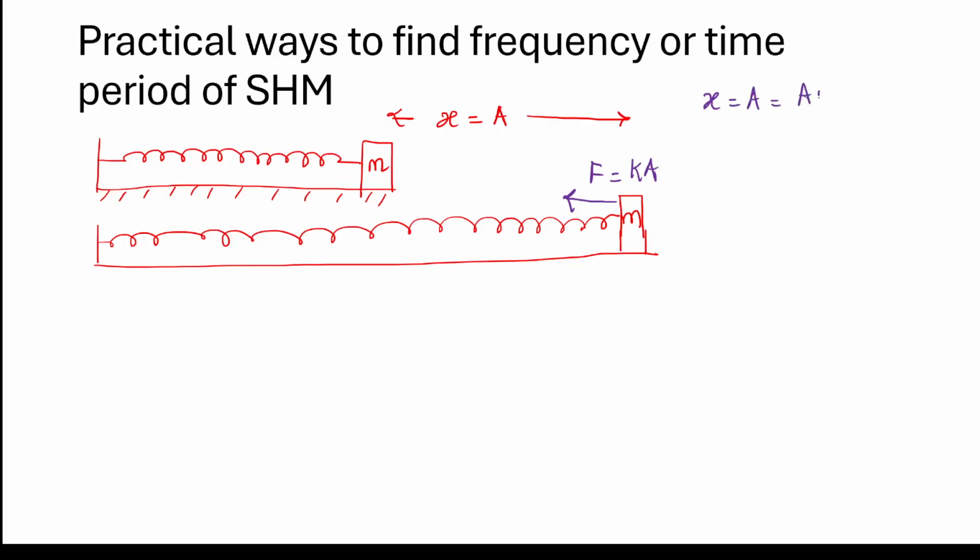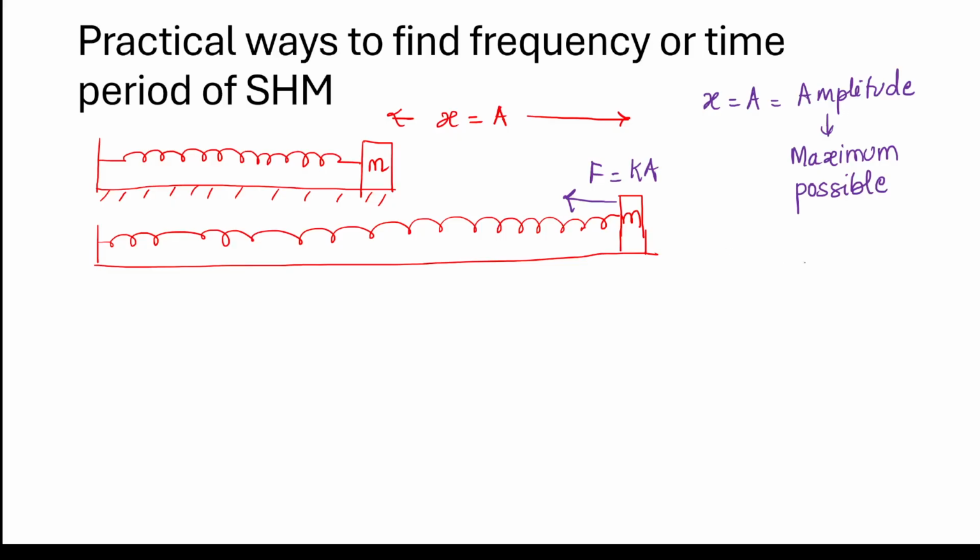A is amplitude. Now what is amplitude? It is the maximum possible displacement or maximum possible extension. So we're going to make it standard because this is an example of SHM in which a spring is executing SHM. It could be some other SHM.